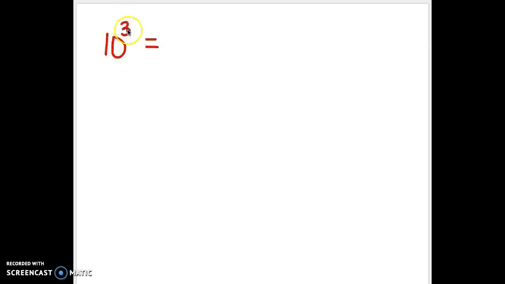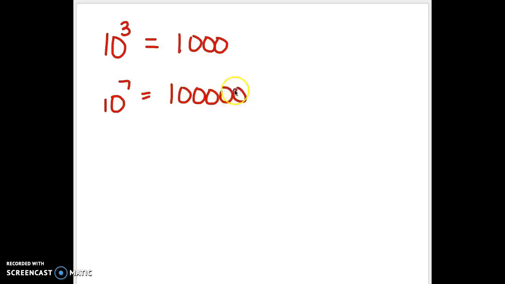So since I have an exponent of 3, my answer is going to have 1, 2, 3 zeros. Keep in mind, this would be 10 times 10 times 10. Okay, if we had 10 to the 7th power, we would have 7 zeros. 1, 2, 3, 4, 5, 6, 7. I'll throw my commas in there. 10 million. Okay, so again, that only works with tens.